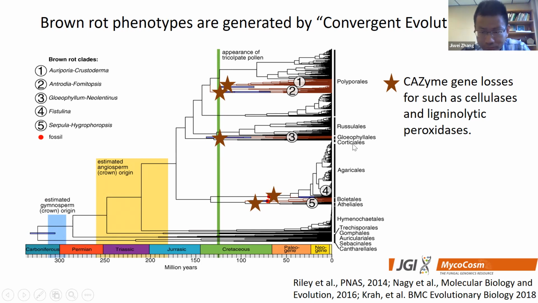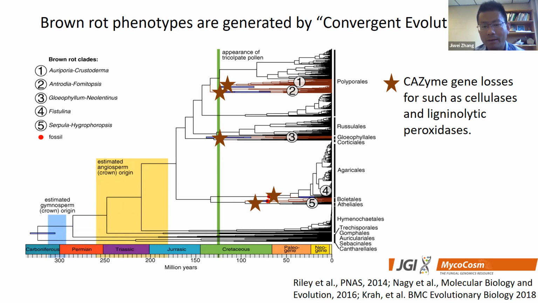So this brown rot evolution actually is shared by some common pathways. During evolution, these brown rot fungi lost many lignocellulose-degrading genes, which are traditionally used for decaying lignocellulose.